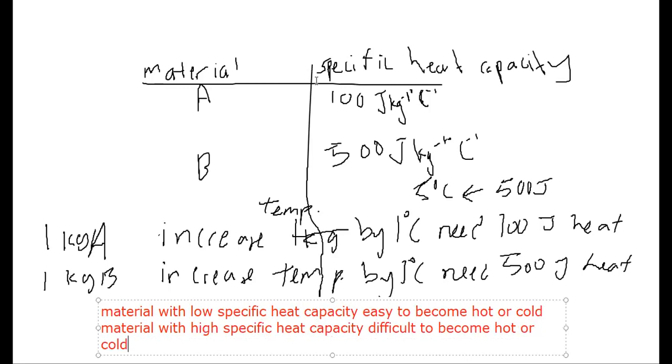The material with low specific heat capacity is easy to become hot or cold. So the smaller the specific heat capacity, the easier it is to become hot or cold.